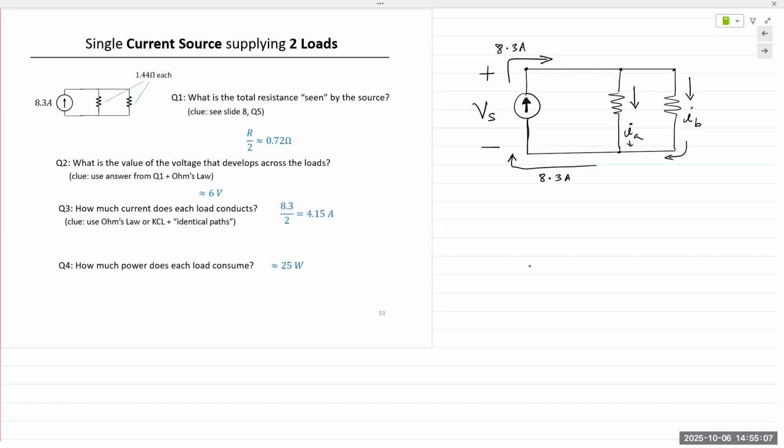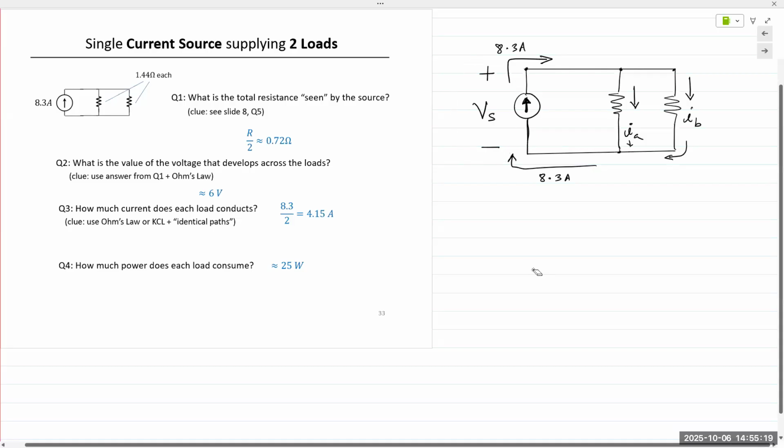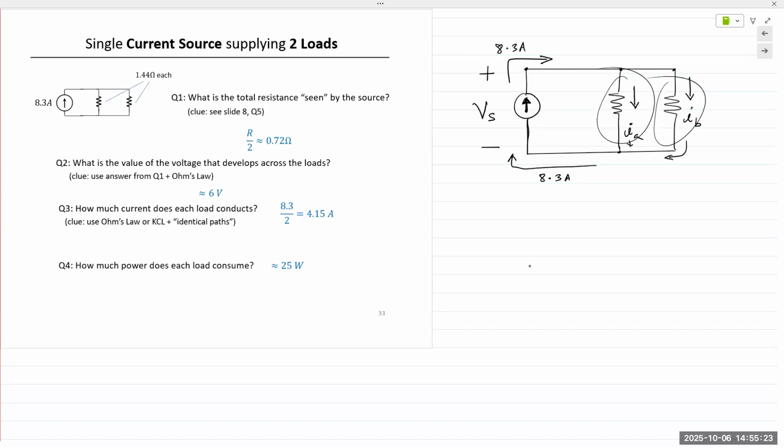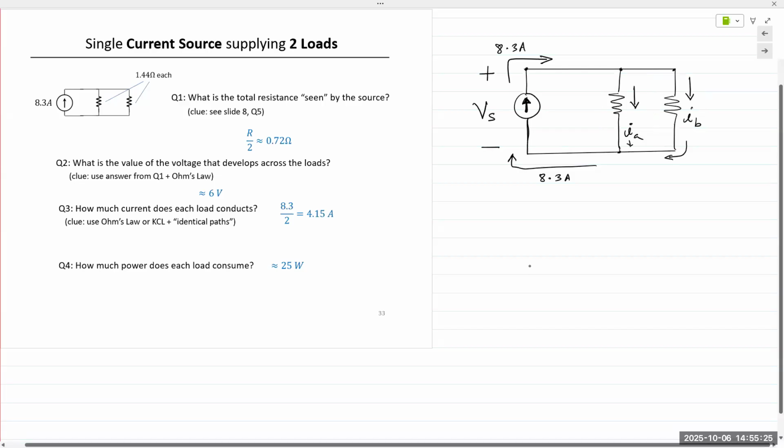As long as there's only wire between two nodes, they're the exact same node, right? Parallel circuit, only two nodes. So only two nodes, that means the same voltage Vs appears across the current source, and appears across the resistors A and B.